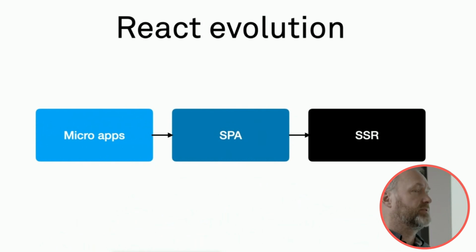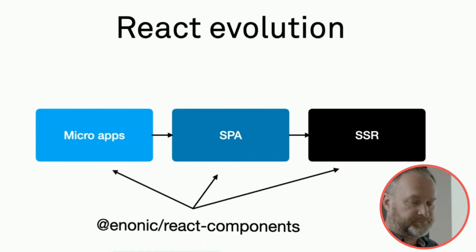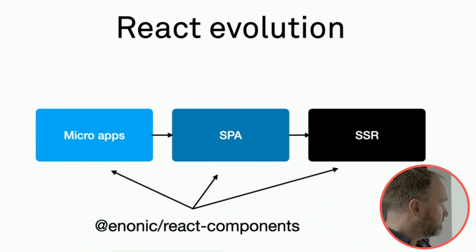So you have something called Next.js, which is kind of the go-to tool. And before I go there, I also mention we have React components, which you can use regardless of the approach you're doing here. That's a standard NPM package that will help you out with standard Enonic things like rich text, etc.